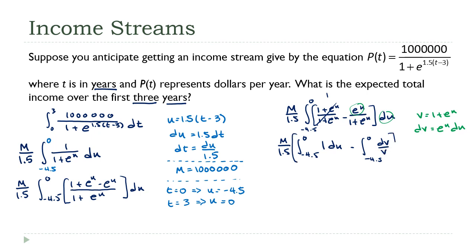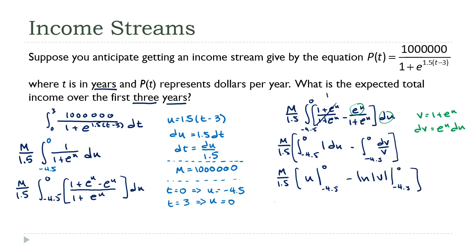Get some brackets here. And I can do both of these integrals. This is m over 1.5 times u from negative 4.5 to 0 minus the log of the absolute value of v, still also from negative 4.5 to 0, because like I said, I'm going to switch this back, and I'm going to put that v back in there.